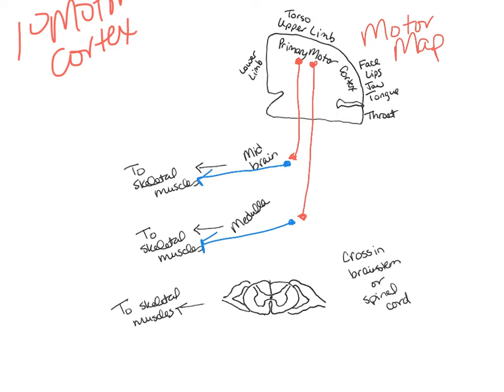Or maybe it's going to go all the way down through the spinal cord, and then it's going to synapse onto a lower motor neuron and exit through the ventral root. So it just depends on where it's going. Is it going to muscles of the head and the neck? Is it going to the axial? Upper body, lower body? It just depends. Where is it going to end up?